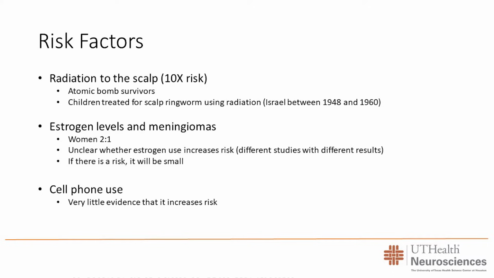And there was a time when children with scalp ringworm were treated using radiation. This happened in Israel for about a decade, and those children were followed as they became adults, and it became clear that the meningioma development in this group of treated children was 10 times higher than in the general population.